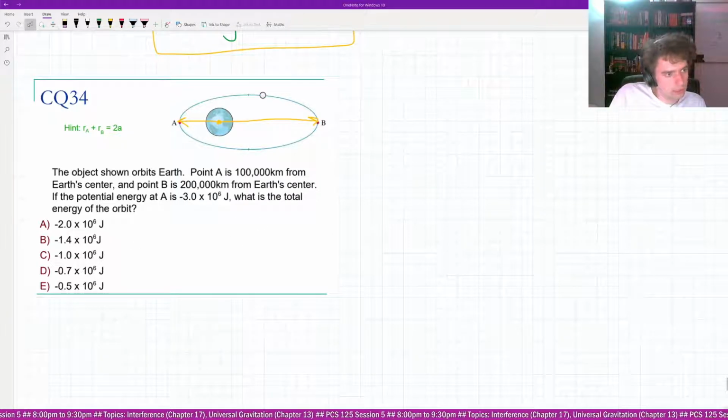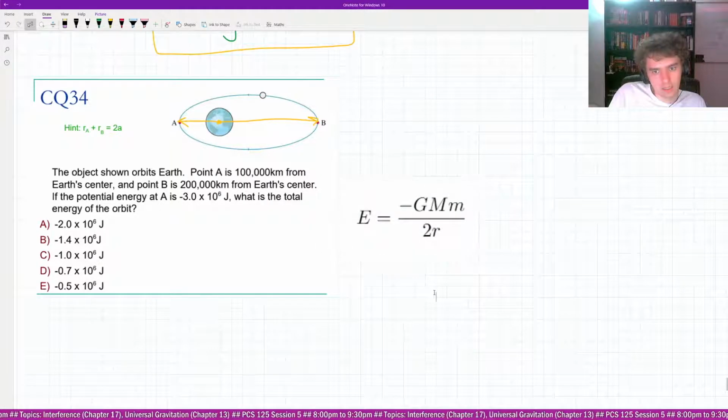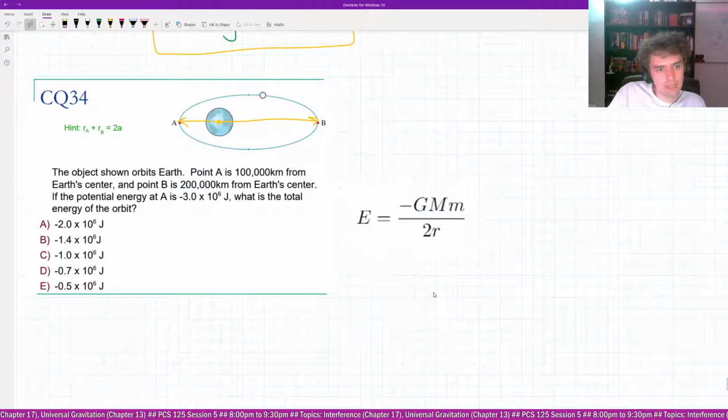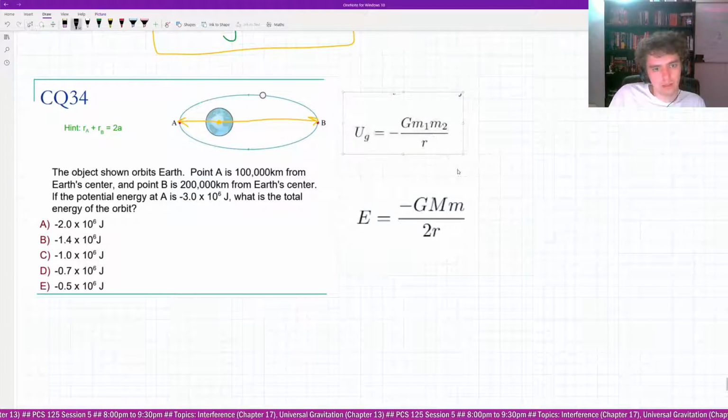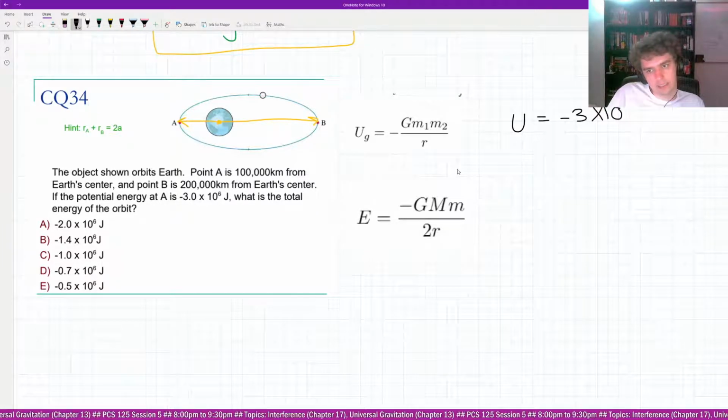So the total energy of the orbit is this. We know the potential energy at A, and I also need this formula. So at A, U equals -3 times 10 to the 6 joules.